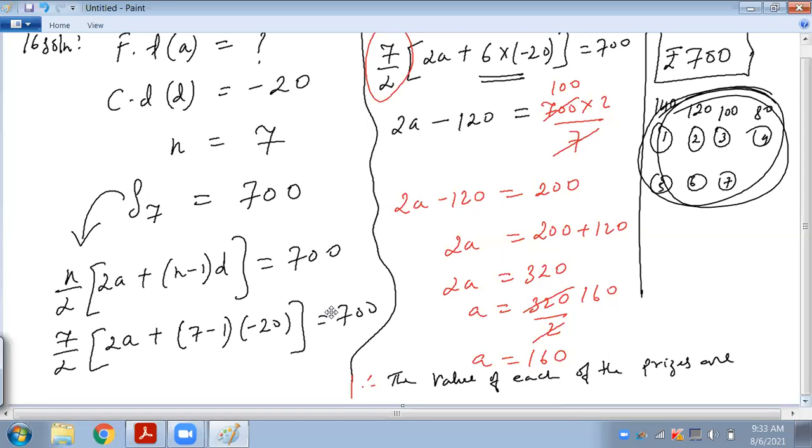We got the first term A as 160, so the first prize will be 160. Then the second one will be 20 less, so it will be 140. We have to put rupees also because they are prizes in rupees. Again, rupees 140. Then the next one will be 120, again 20 less. Next, again 20 less, so 100. Next, again 20 less, so 80. Next, again 20 less, so 60. That is 1, 2, 3, 4, 5, 6, and the last one will be 40.